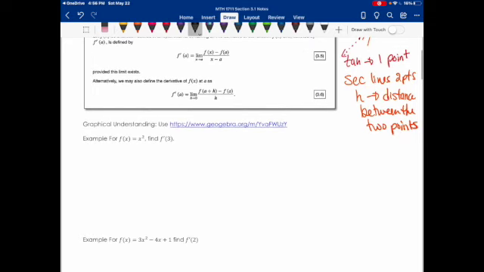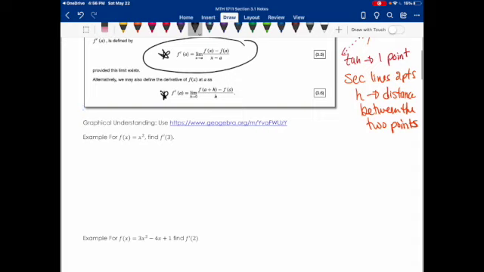Okay, let's walk through the first example. You can use either one of these, it doesn't matter, but my preference is to use this one. I think it's a little bit easier. If we want to find the derivative at an x value of 3, notice the notation for the derivative looks like this.